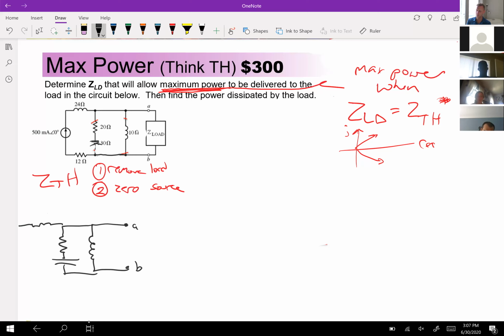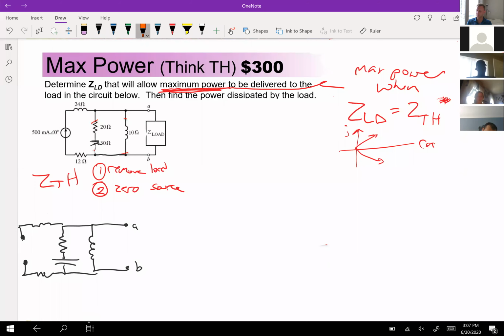There's the inductor, there's the resistor, and I zero the source. Well, zero current looks like an open because no current can flow through. Zero current flows through an open circuit, so it's open.